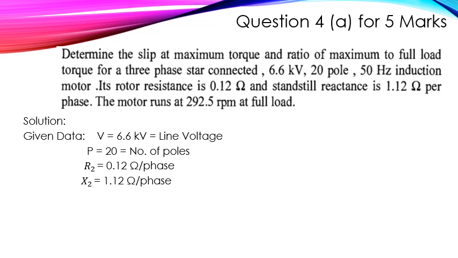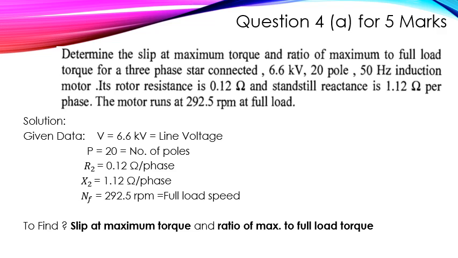Then standstill reactance X2 is equal to 1.12 ohm per phase. Then full load speed is 292.5 rpm, and we have to determine the slip at maximum torque and the ratio of maximum to full load torque.